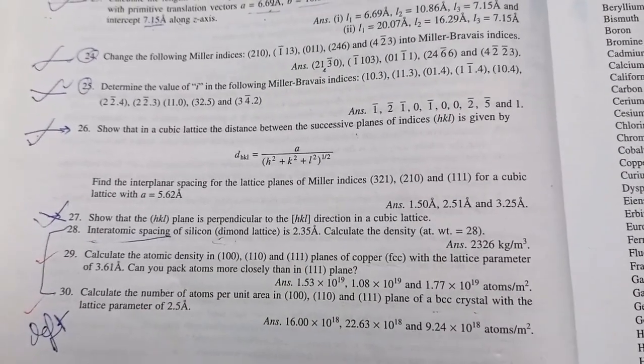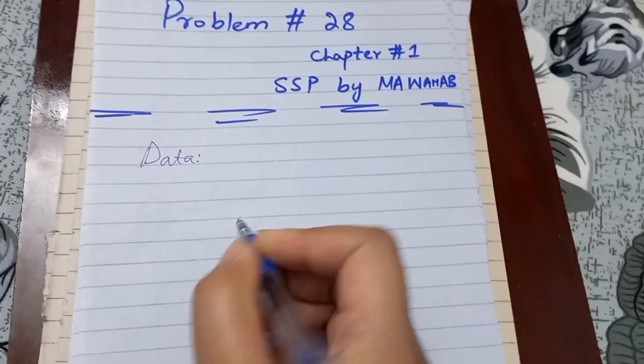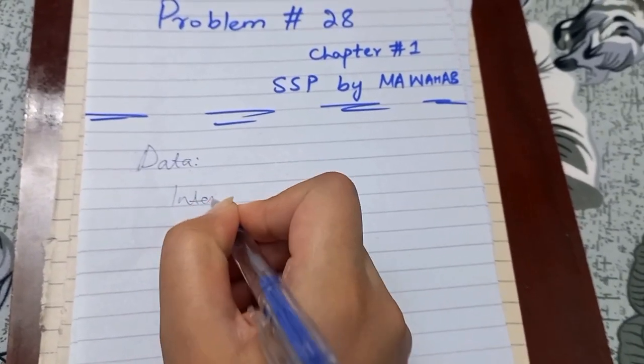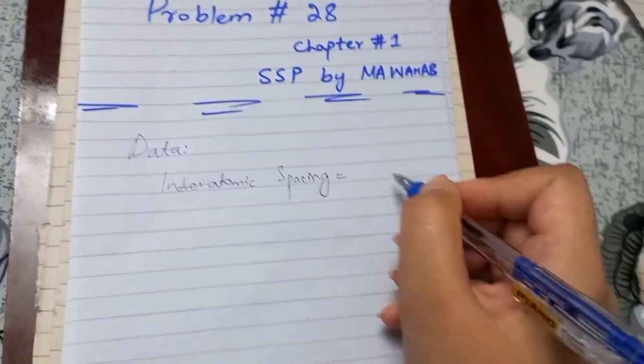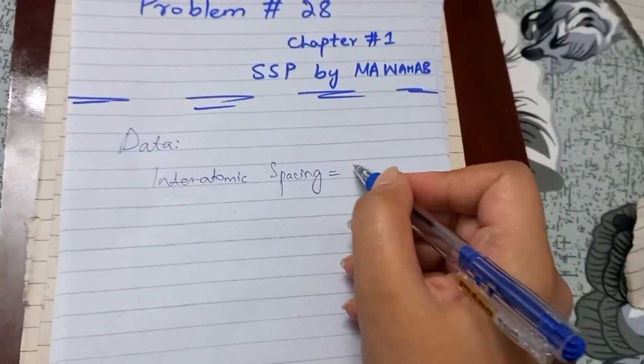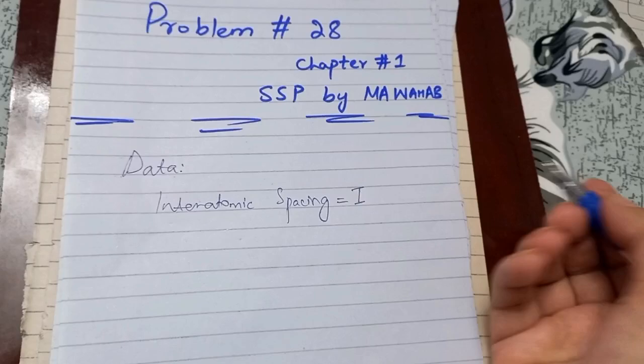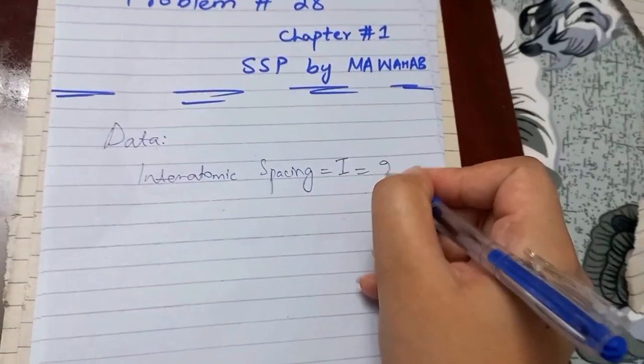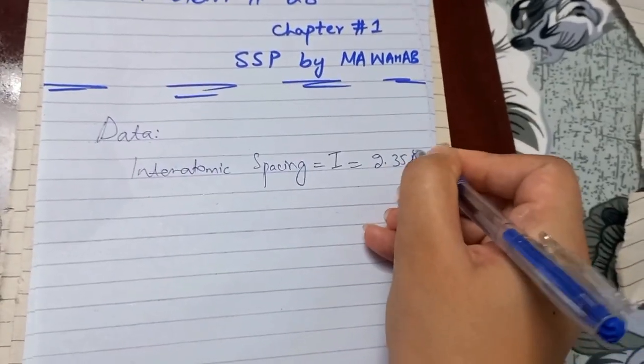We have seen the statement, and now we know the data we have. Let's first write the data we are given. Interatomic spacing, let's call it I. You can use any other notation that you are comfortable with.